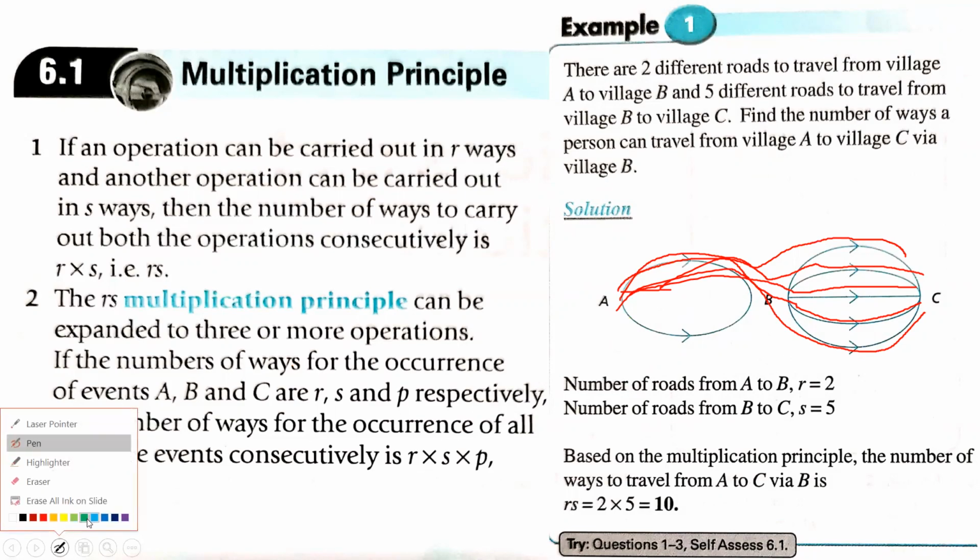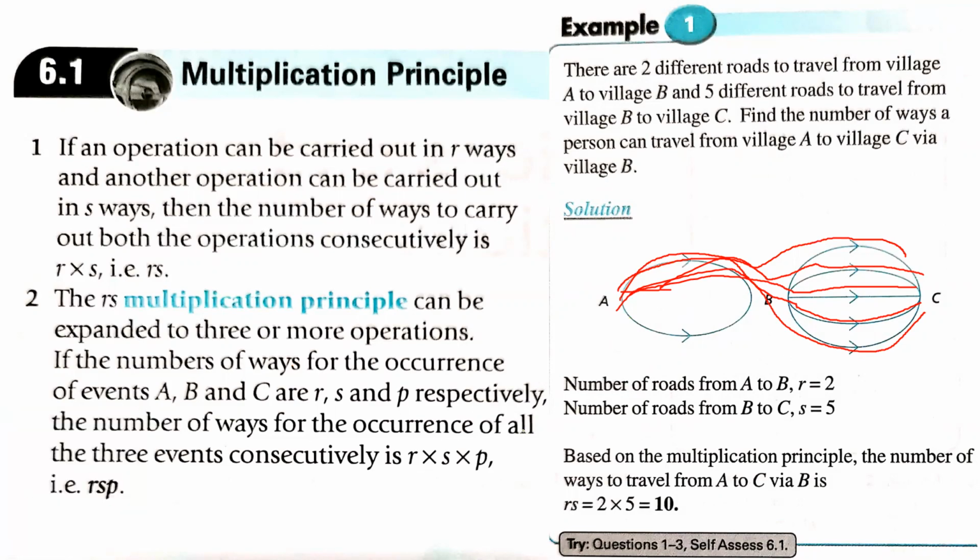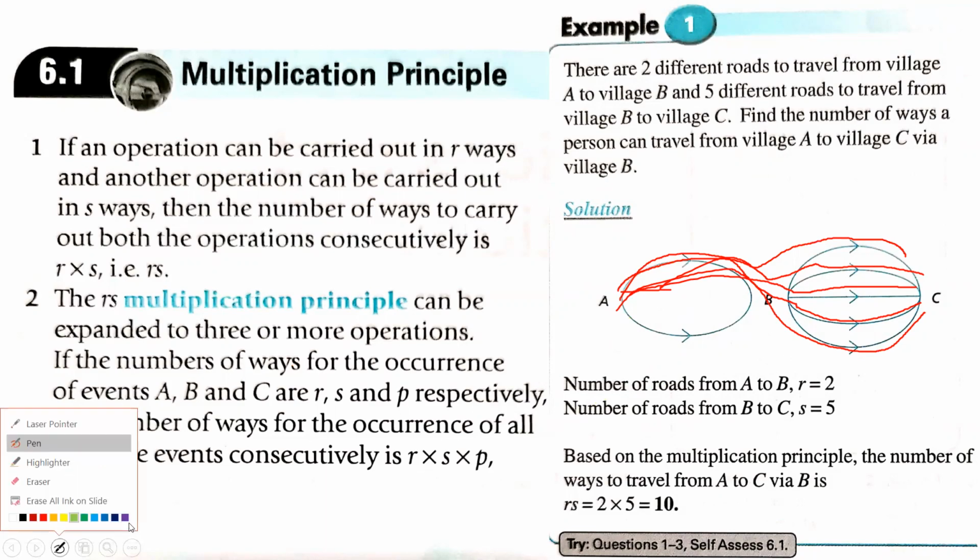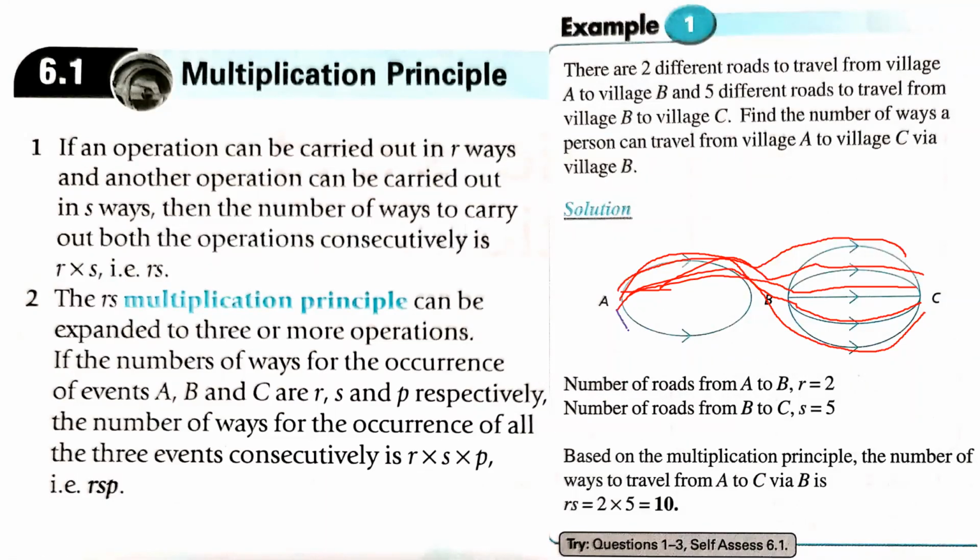Okay, this one. 1, 2, 6 ways. 7 ways. 8 ways. 9 ways. 10 ways. So actually 2 times 5 is applicable by using the multiplication principle.